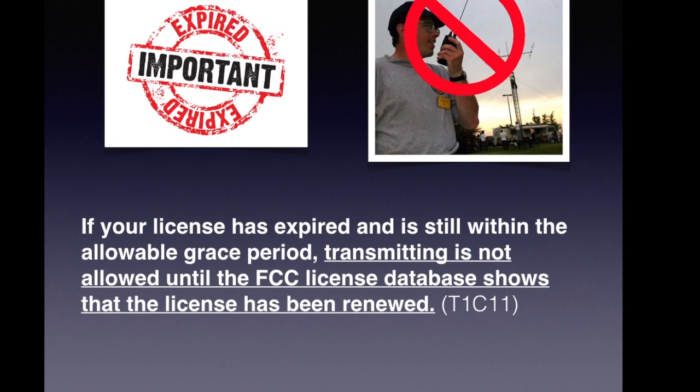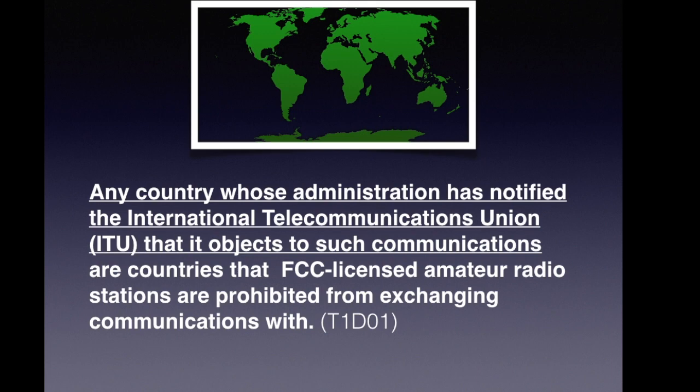This test question reads that any country whose administration has notified the International Telecommunications Union, or ITU, that it objects to such communications are countries that the FCC licensed amateur radio stations are prohibited to exchange communications with.